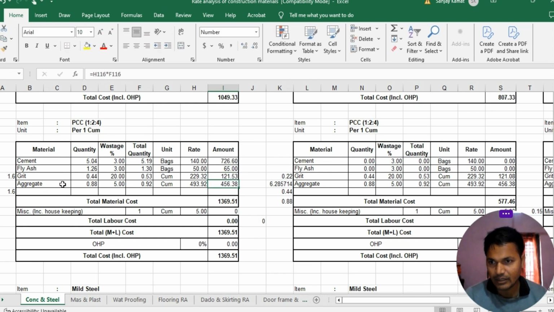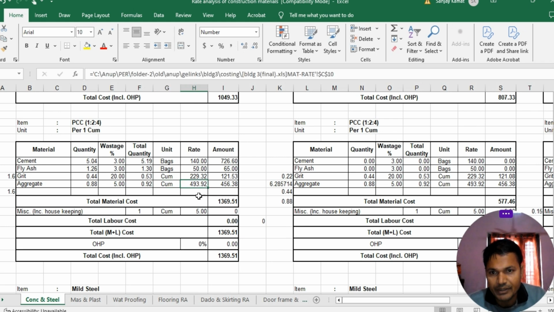Okay, aggregate. For the aggregate, we have taken the quantity how much? 0.92, and the aggregate unit is always cubic.